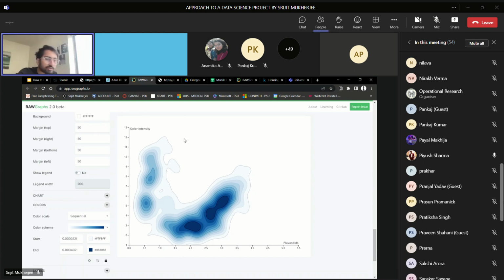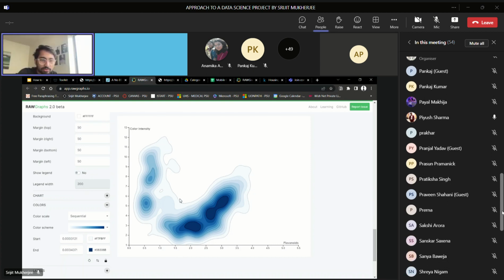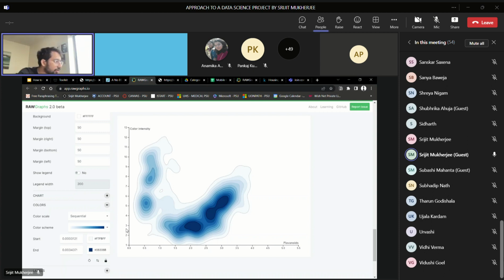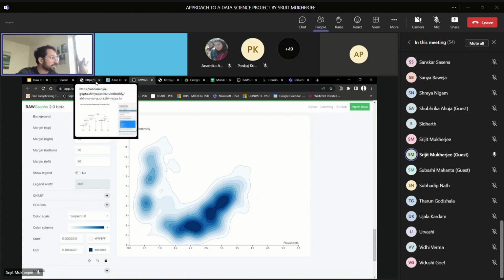So this is the flavonoids 1.6 bound, and for color intensity 3.8, this is a bound. You can easily see that for color intensity 3.8 and flavonoids 1.6, this is a very strong single cluster out there.